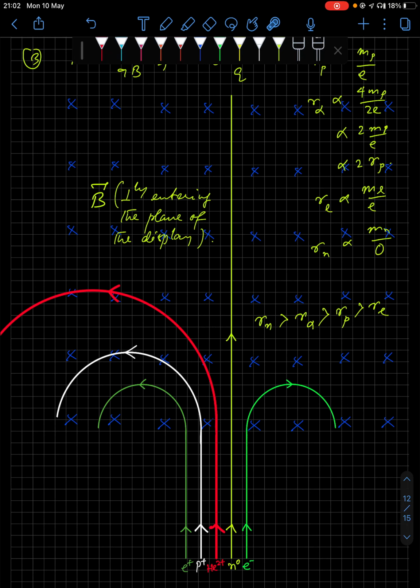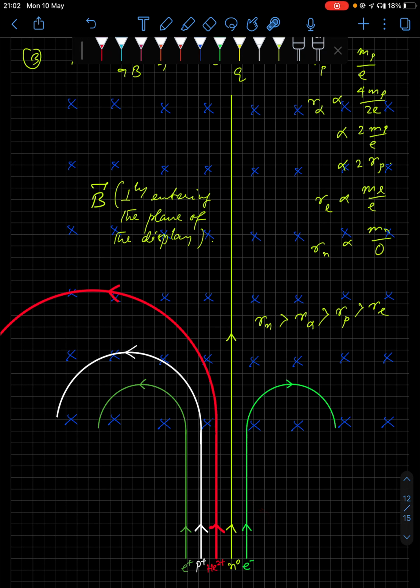Okay, so if you apply your Fleming's left hand rule here, align your left hand, put the forefinger in the direction of the field, that is entering the page, and put the middle finger along the direction of the charges fired, so upward direction.